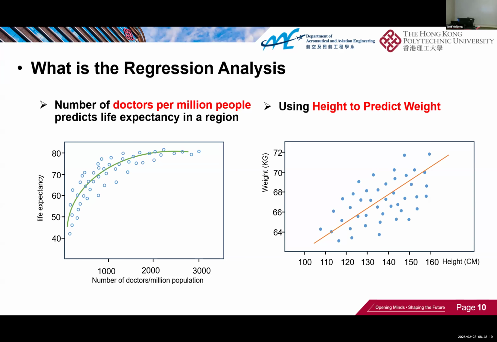If the number of doctors is quite limited, life expectancy is highly related to the number of doctors. But if the number of doctors is good enough, it is no longer the dominant factor, and life expectancy may be affected by other factors. So this is a nonlinear case, and the right side is a linear case.